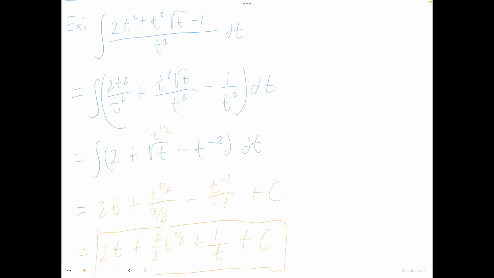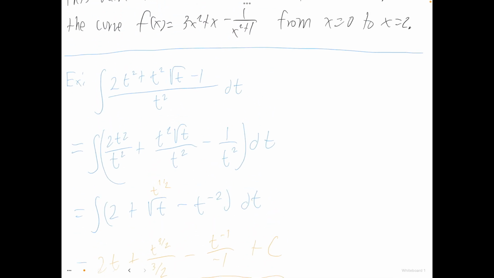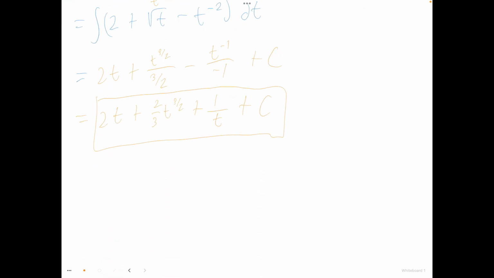And again, since we didn't have bounds, what that then means is that we just get a function out. But if we did have bounds, say we wanted to look at the integral from 1 to 9 of this same function, then what we could do is we can immediately plug in what we just found.